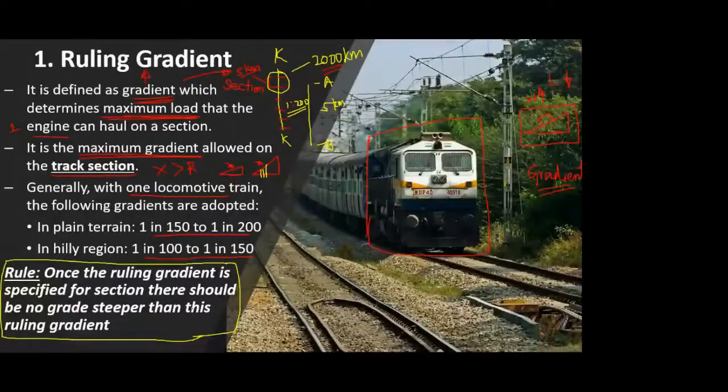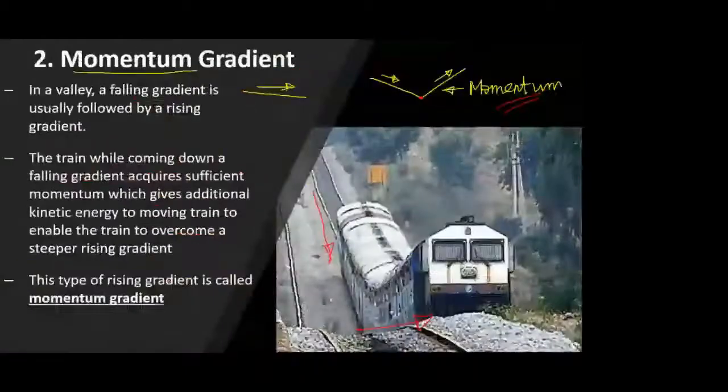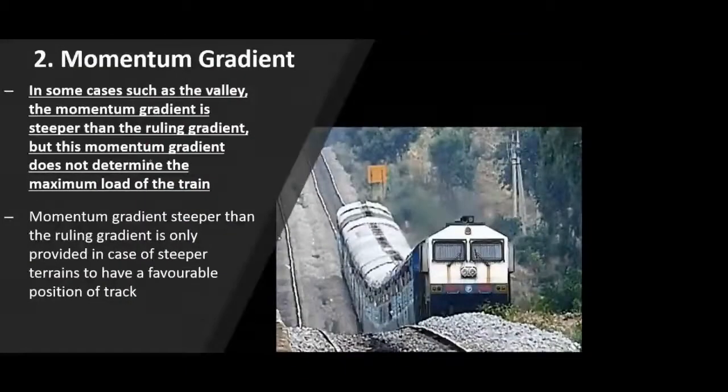The moment we see this rule, it will be violated by the next two types. So here is the case of violation, that the momentum gradient can be steeper than your ruling gradient in case of valleys. Okay, so that is acceptable, but this momentum gradient will not determine the maximum load.